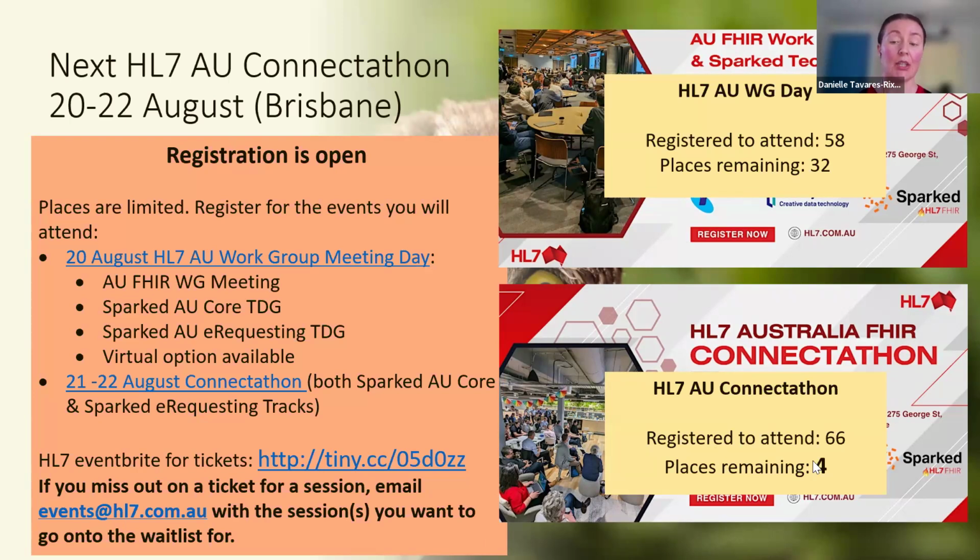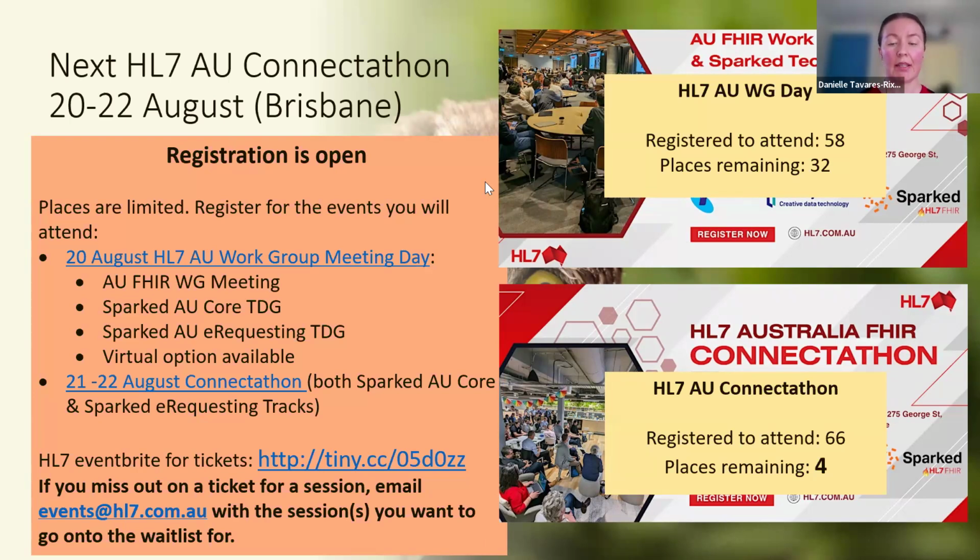But I'm just going to draw your attention to the Connectathon, folks. There's only 4 spots left in terms of registration for that 2-day Connectathon, which is covering, of course, both Sparked and e-requesting. So if you were planning to attend, I would suggest that you use the links in the chat now and get the tickets.